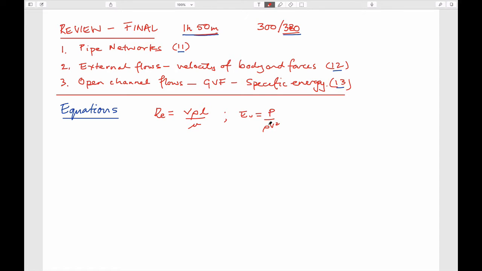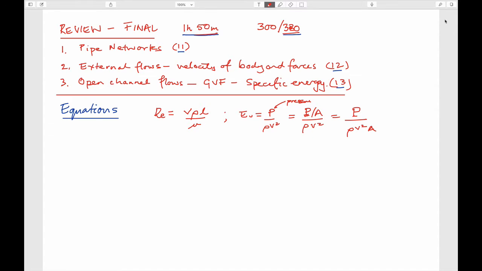So pressure forces divided by inertial forces. If this is a force divided by an area, which is a pressure, over rho v squared, then this is equal to a force divided by a pressure, a velocity squared and an area.